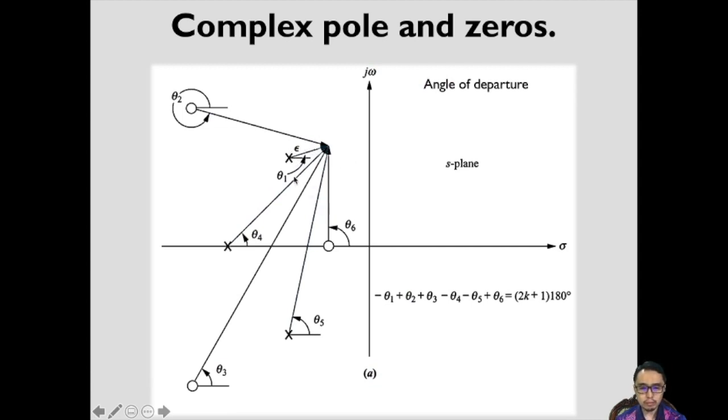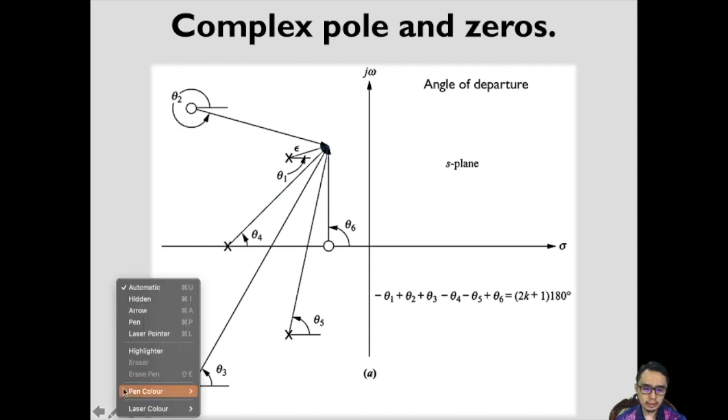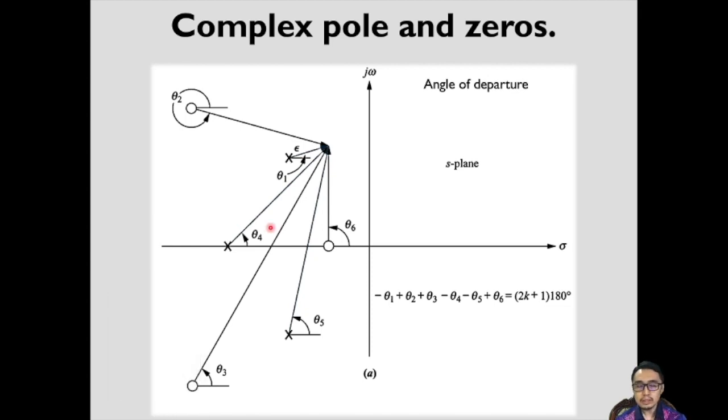So in this case, what we're going to do is, we have a pole that is complex. Normally, we want to know how the locus leaves this particular pole. If you recall earlier, the locus will start from the pole and end at the zeros.